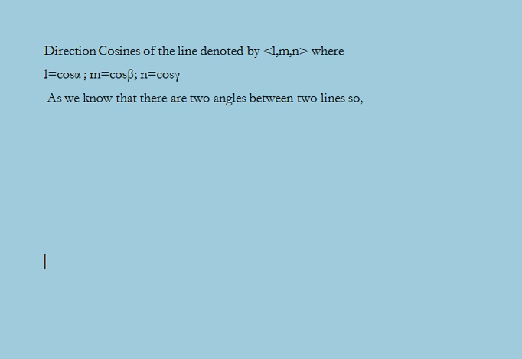The direction cosines of a line are usually denoted by l, m, n, where l is equal to cos alpha, m is equal to cos beta and n is equal to cos gamma. Now, as we know that there are two angles between two lines, we have the direction cosines as cos of pi minus alpha, cos of pi minus beta, cos of pi minus gamma.